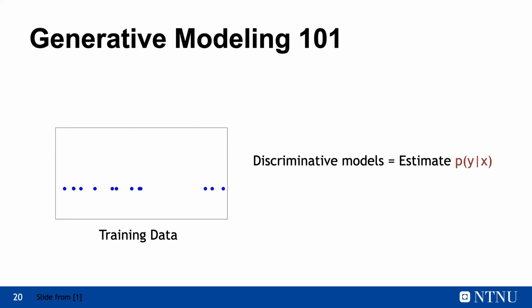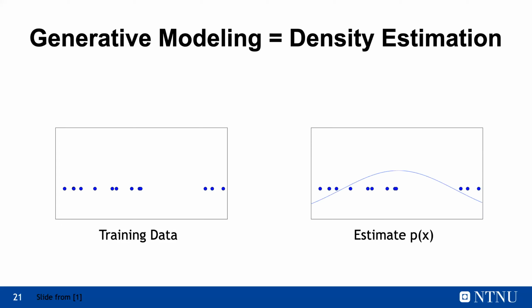So you take your training sample and then you classify it into one class, or you do semantic segmentation or object detection, where you have supervised labels and you try to discriminate the different samples. On the other hand, generative modeling is trying to learn the distribution of the original data. So you're trying to estimate the underlying distribution that lies under your training data.